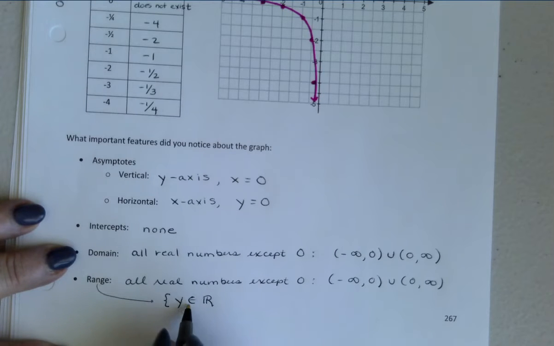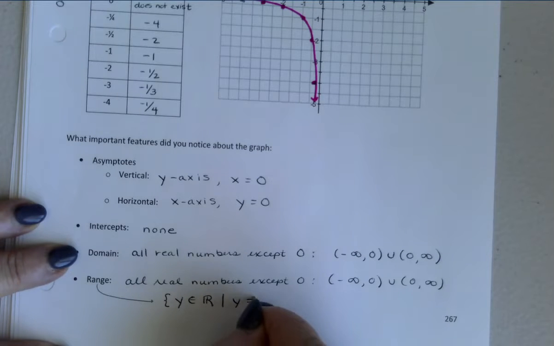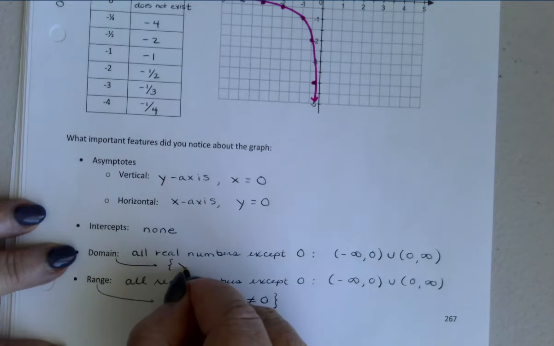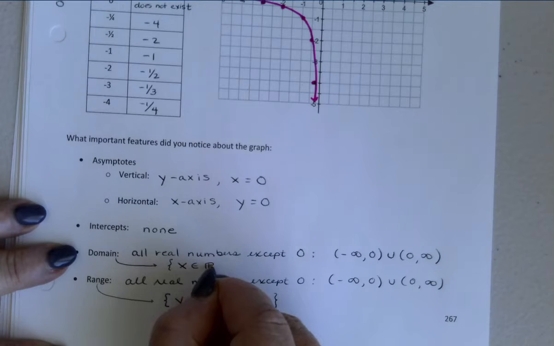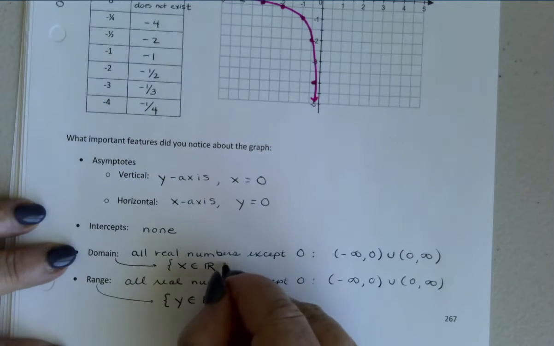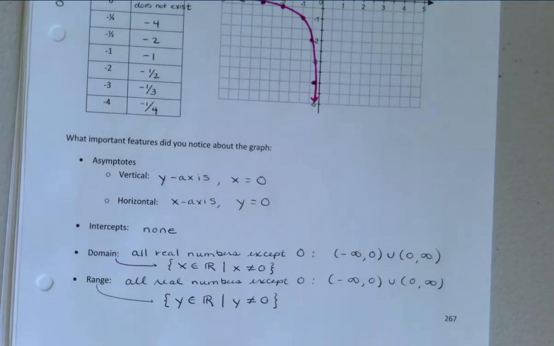Y is an element of the real numbers, such that y is not equal to 0. Here I could have written, since it's domain, x could be any real number. It's an element of the real numbers, such that x is not equal to 0. So just a little bit of new notation there, but another way of writing the exact same thing.